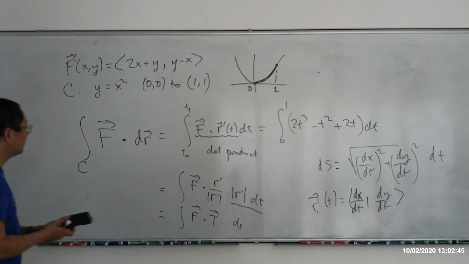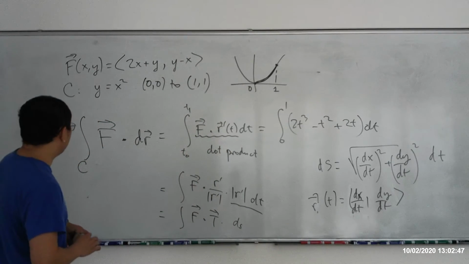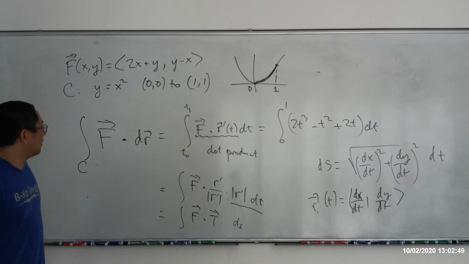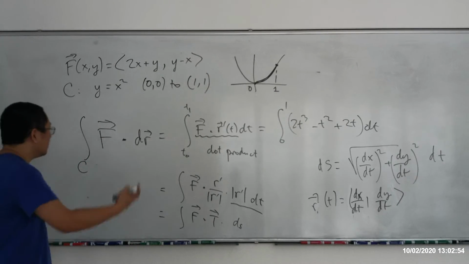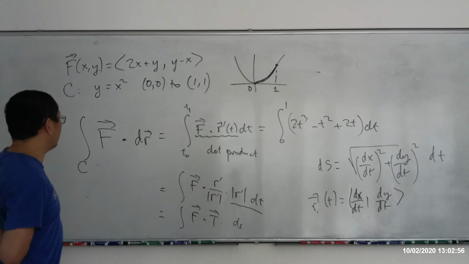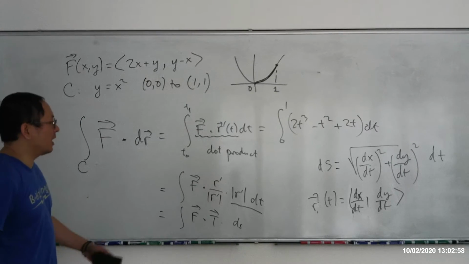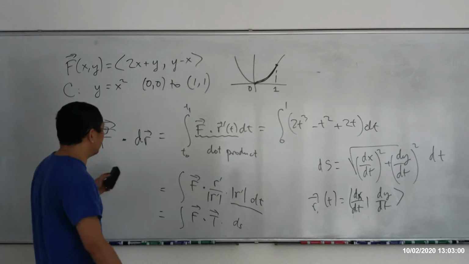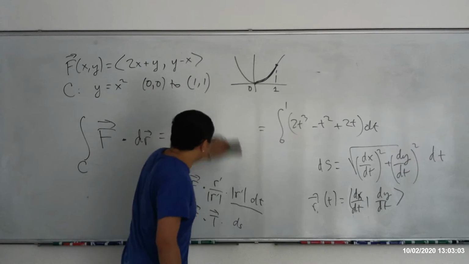Okay, let me show you another way of thinking of this problem. If you don't want to parameterize in terms of t, you can integrate with respect to x, y, and z as we've seen before. Another way, so let me erase this.